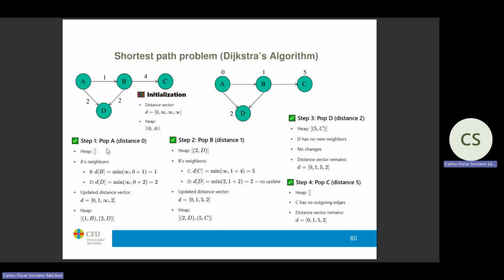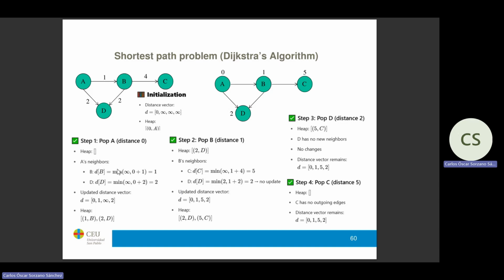Okay, so in the first step, you take an element from the heap. So now the heap is empty. You explore the neighbors of A. The neighbors of A are B and D. The distance to B is the minimum between the current distance, that is infinity, and going from 0, my current position, plus 1.